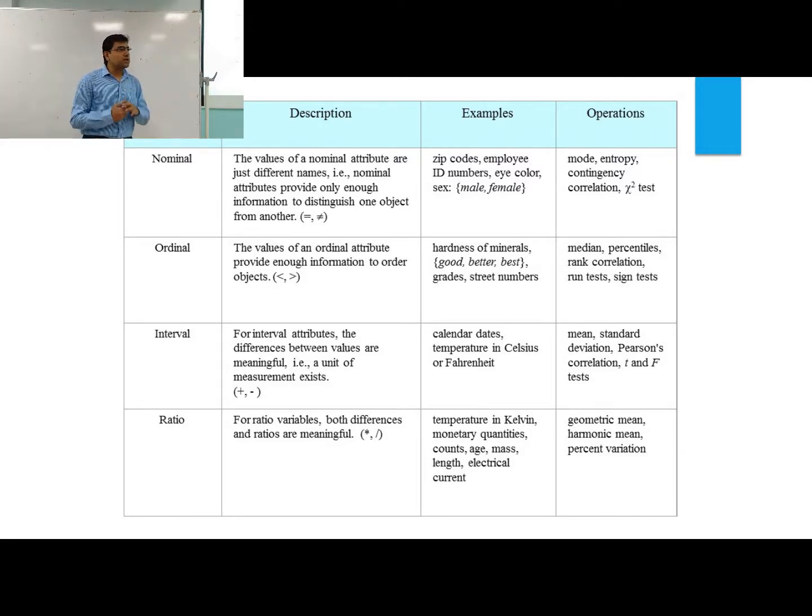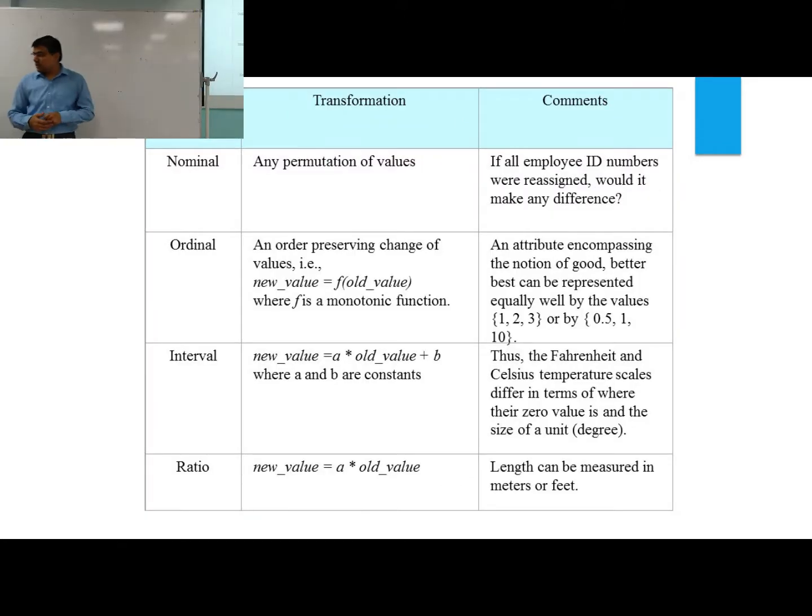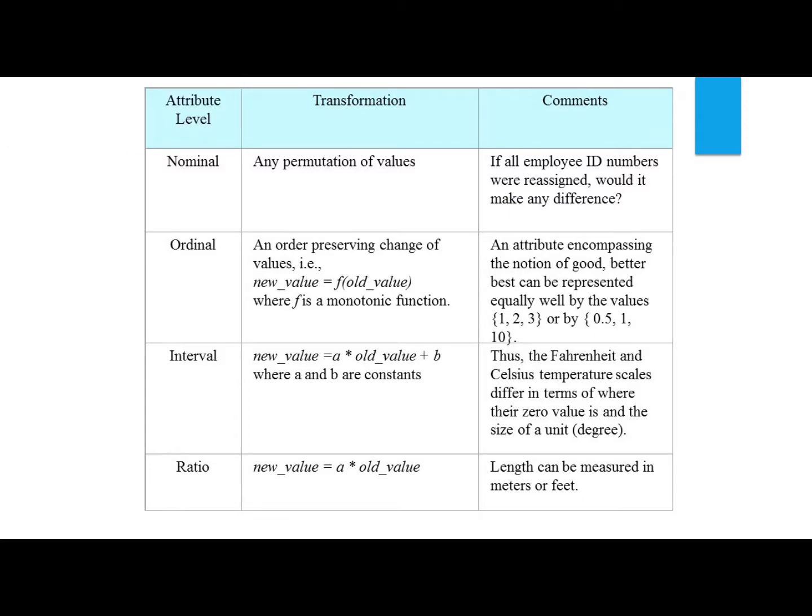All these are described by the ratio type of data. Again, this is describing the different operations which are possible, with a few more pieces of extra information in this slide. So nominal, ordinal, interval, and what kind of equation can be formed with the help of the data that is given.